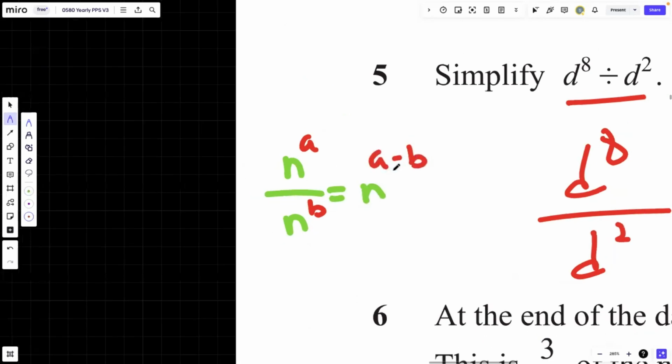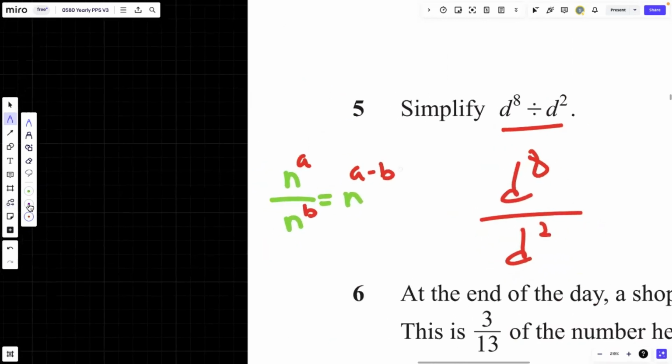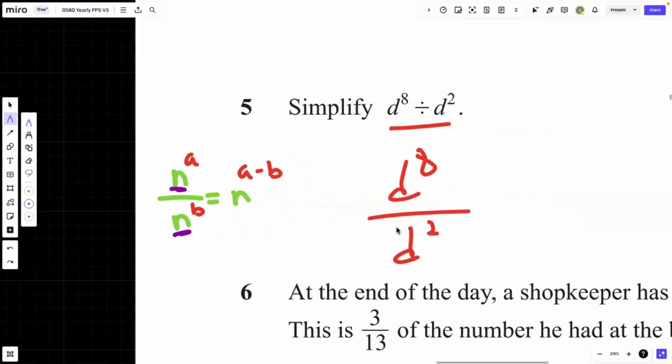So the powers get subtracted when the bases are being divided and they're the same number. Now the important thing to note here is that I've used the same number n and n. So if I had used x, it would be x and x. So when you have the same base number, and the terms are being divided, the powers actually get subtracted.